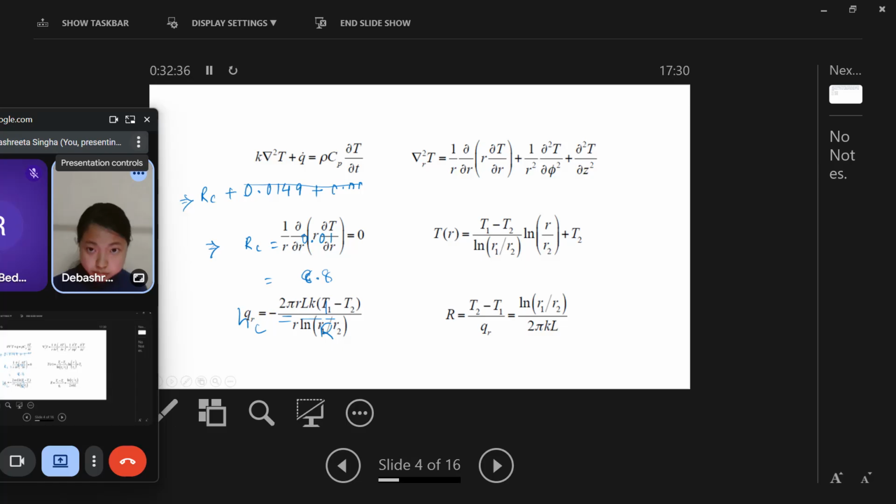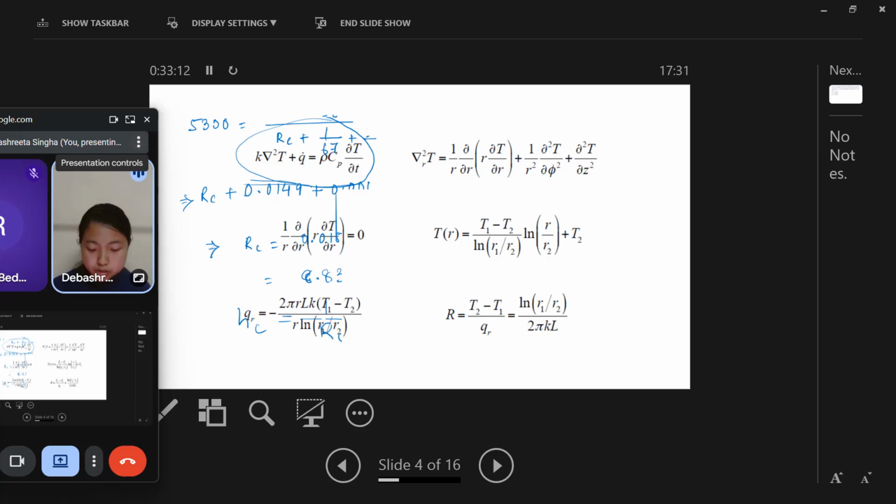This is the generalized equation: K del square T plus q dot equals rho cp delta T by delta small t.